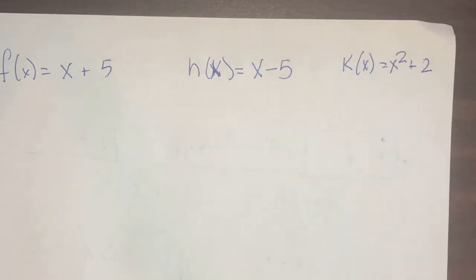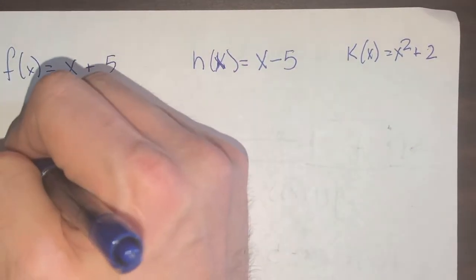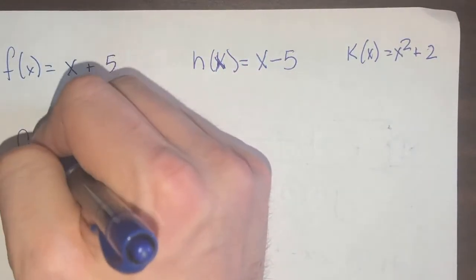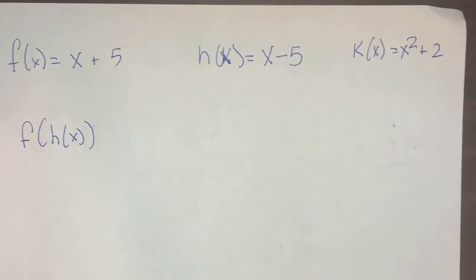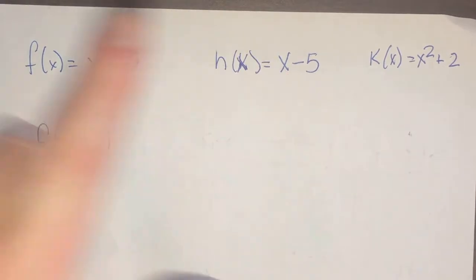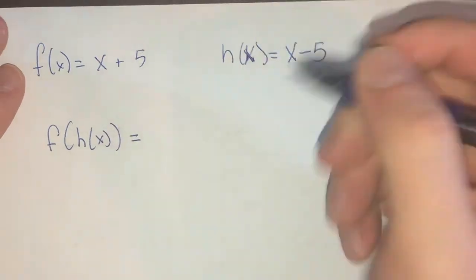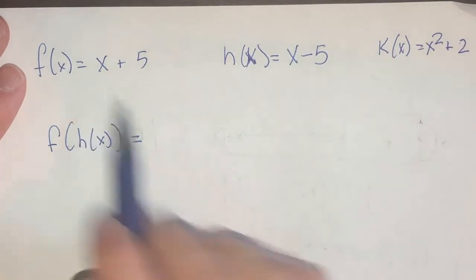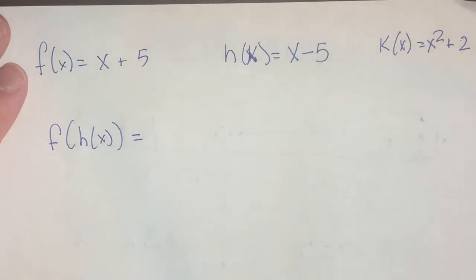Okay, so what if I wanted to know, what is f of h of x? Now I'm going to take the entire function h of x and plug it into x. Here's what it looks like. So here's my x. Let me show you what it looks like to drop it in.